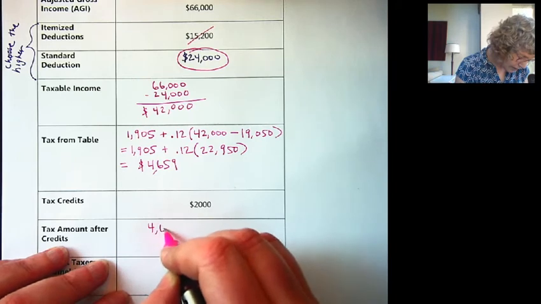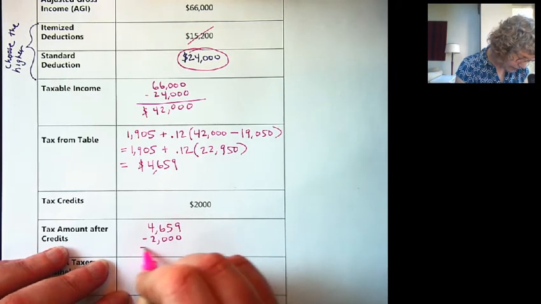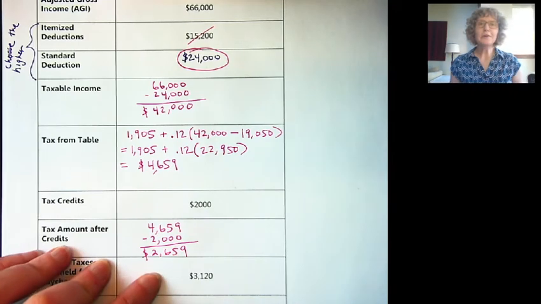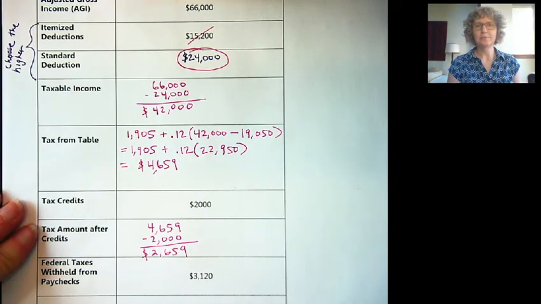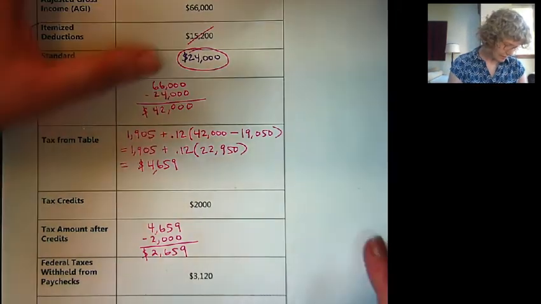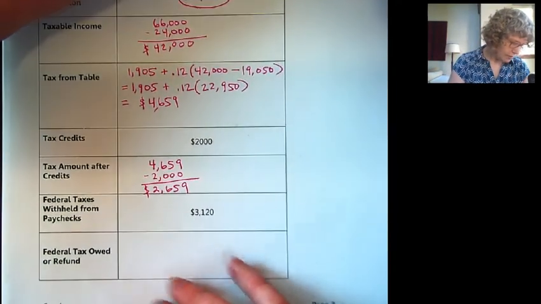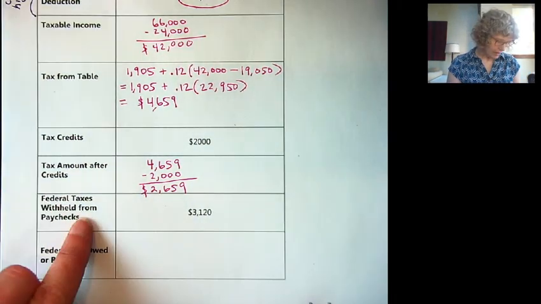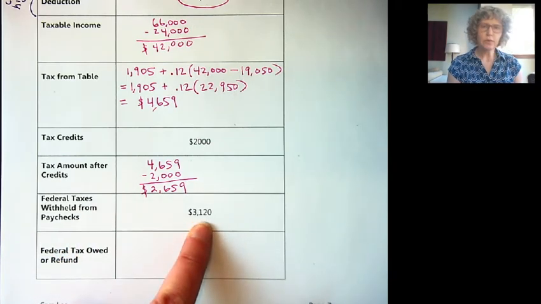So 4,659 minus 2,000. Again, I like these numbers. Now they only owe in taxes $2,659. Okay. Now we have to look at how much they've paid so far. So federal taxes withheld from paychecks are $3,120.